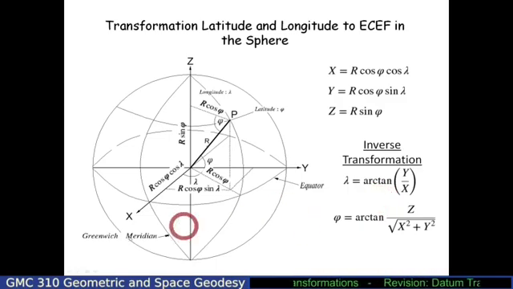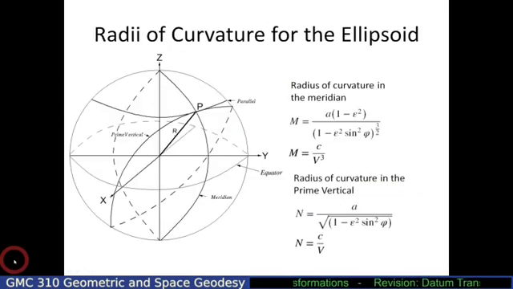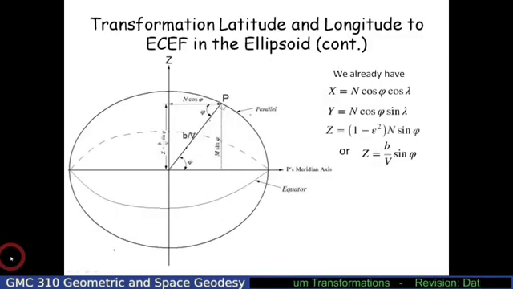Now, it's probably a bit easier if we go for the ellipsoid straight away. Although we have a spherical Earth to start off with, we're going to have ellipsoids in the next part, or practical B. So what we have there is the radius of curvature in the meridian, the radius of curvature in the prime vertical, and then you also have the x, y, and z.